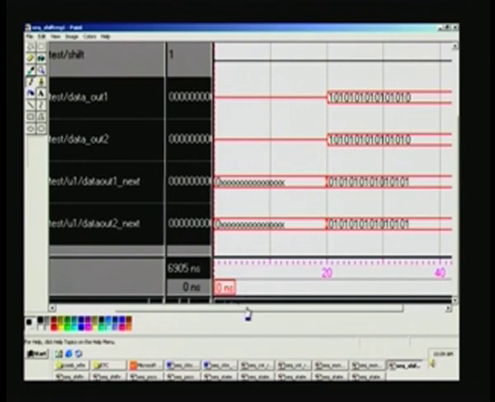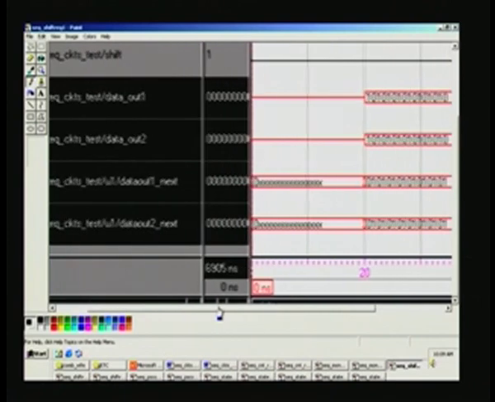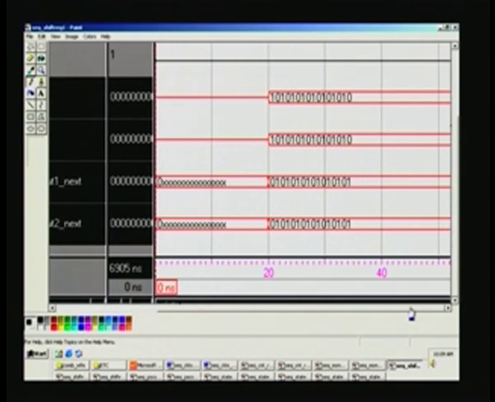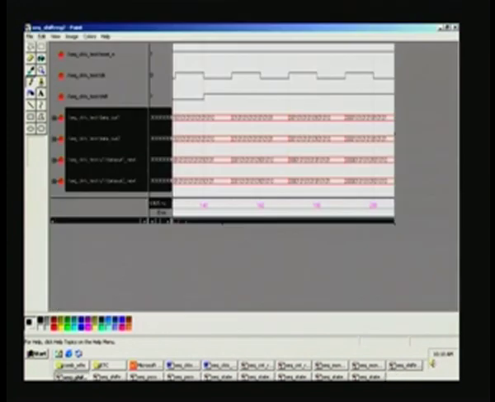If you have a look, you can see that data out 1 and data out 2 are exactly the same, because it is the same problem solved in two different ways, and this pattern will keep on shifting. It is there in the next two slides.